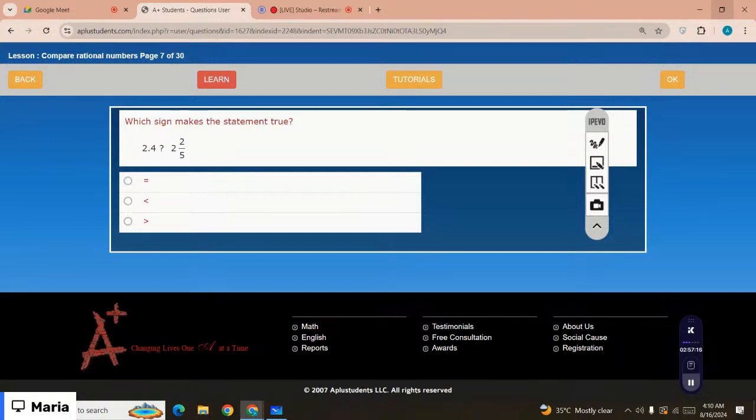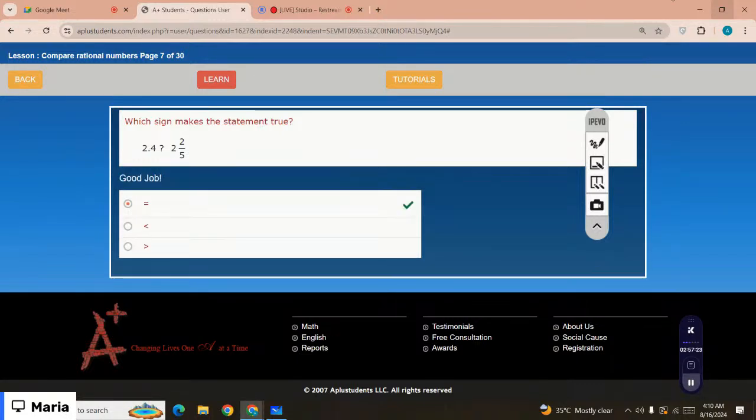They both are exactly equal. The correct option is equal. 2.4 and 2 whole 2 by 5 they both are exactly equal.